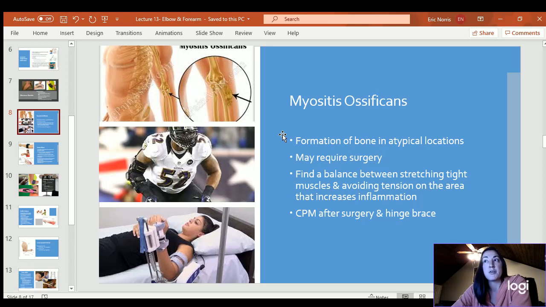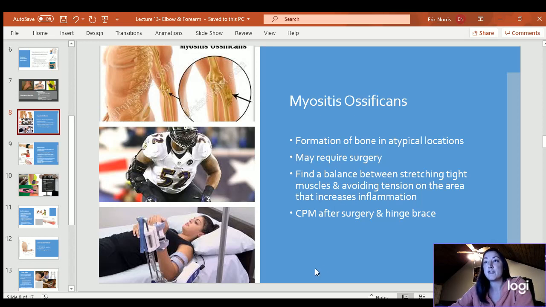Vigorous stretching is not recommended in the least bit, because that puts extra tension on the area, and sometimes the tension itself can cause extra bone growth, like with Myositis Ossificans, or for a child in the knee, it would be called Osgood-Schlatter.